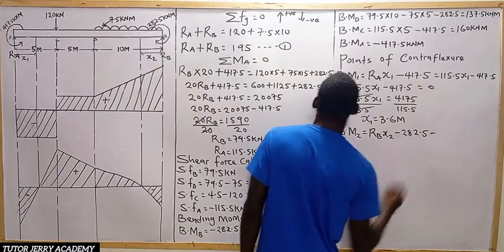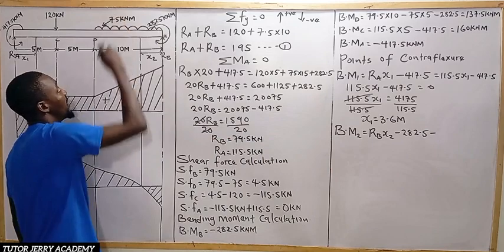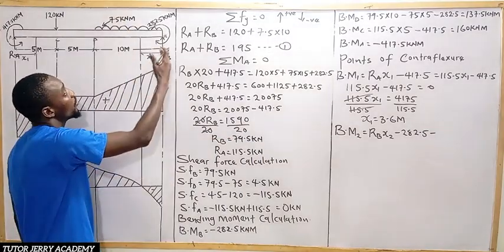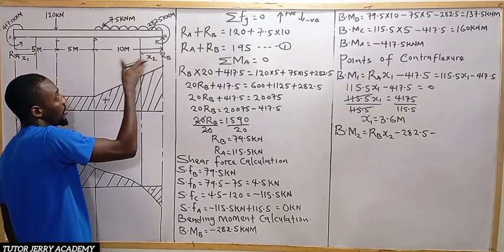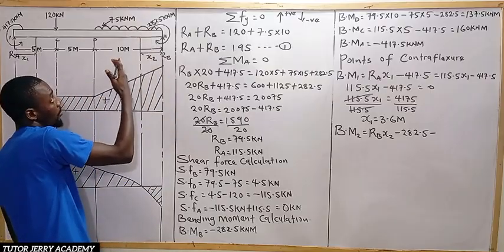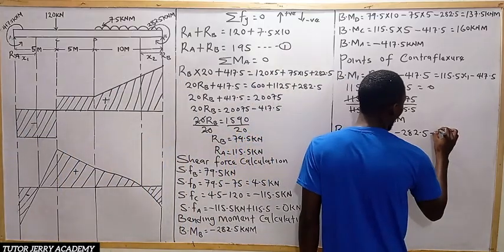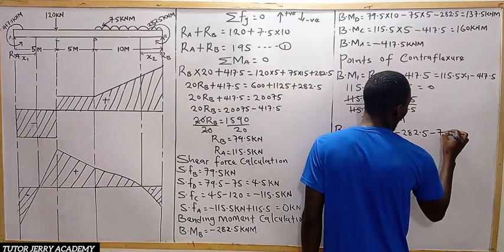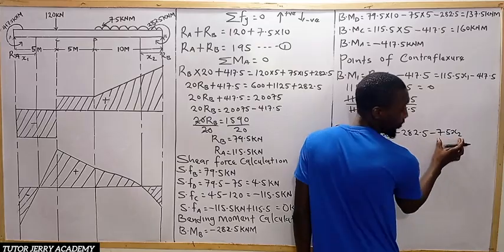282.5, then minus, again, we also have a uniform distributed load here. The weight is 7.5. We are going to convert it to a point load, and multiply by the distance it is going to cover. It is going to be a minus because it is a downward force. So minus 7.5 S2, we have converted to a point load.